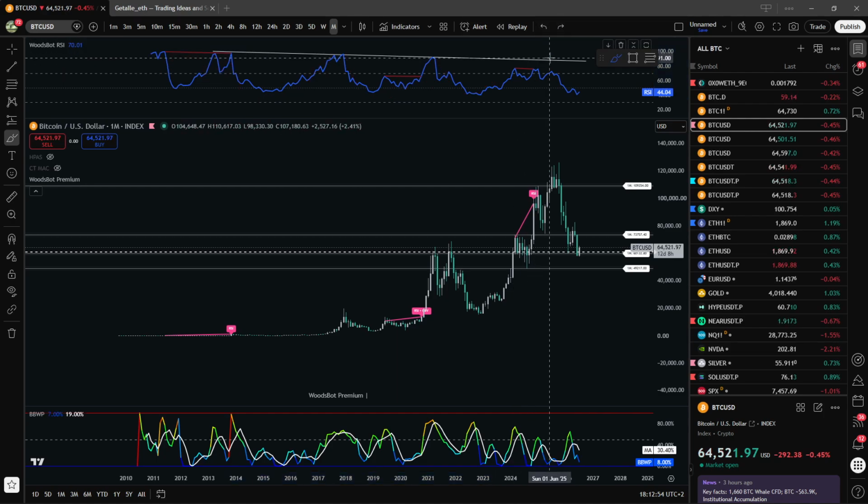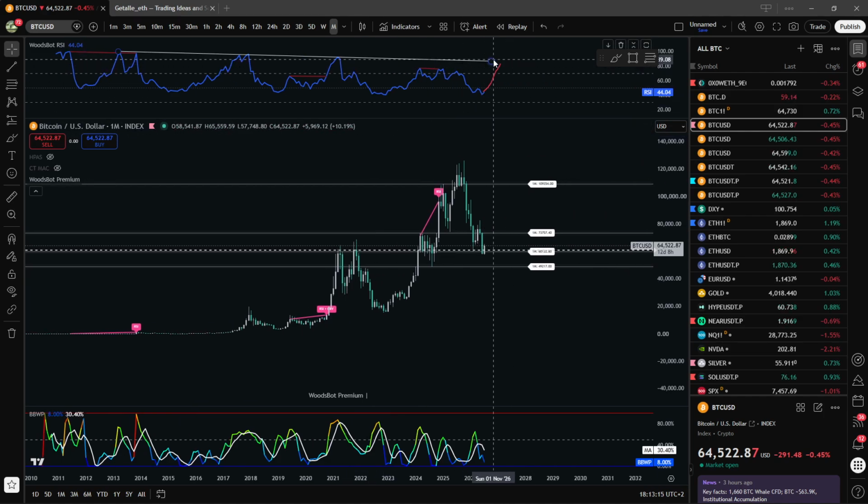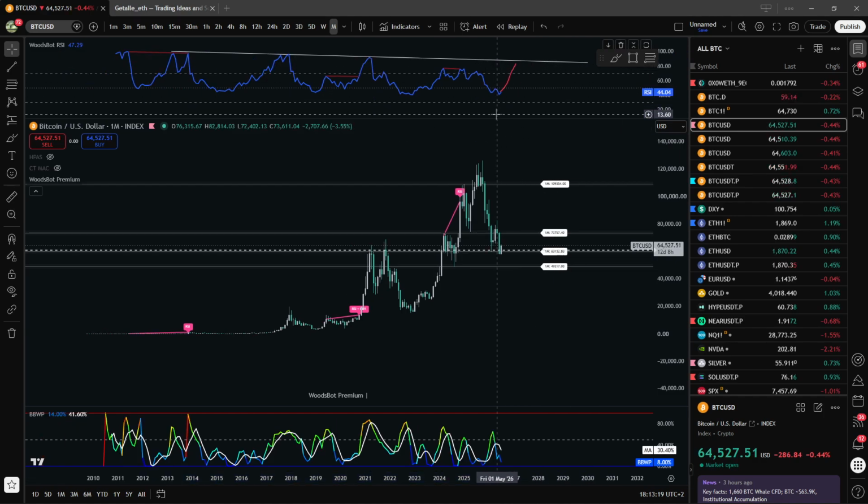Now it didn't happen in this cycle because the RSI didn't even manage to go to this line. But keep things like that in mind. When Bitcoin, or rather the RSI on the monthly time frame, eventually comes back up again and touches this RSI bearish trend line, it's still likely the price is going to react from that.